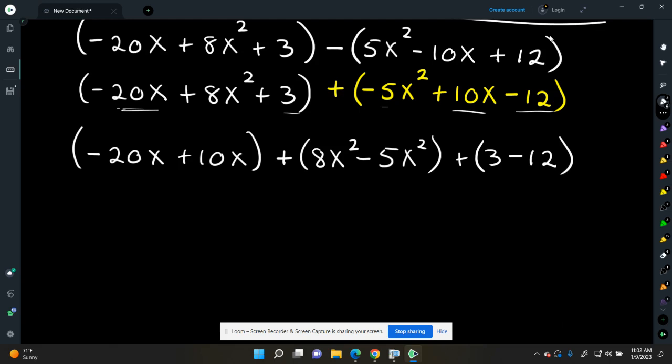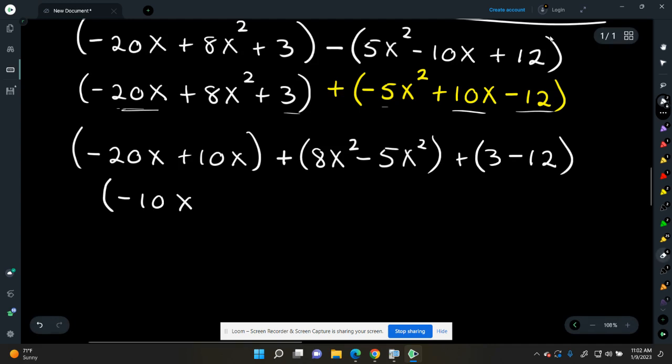Before you completely solve it, could you put it in order from greatest to least? Yes, you can do that at any time. I probably would have just started with the x squares, but I didn't want to cause confusion. Okay, so we have negative 10x plus 3x squared minus 9.